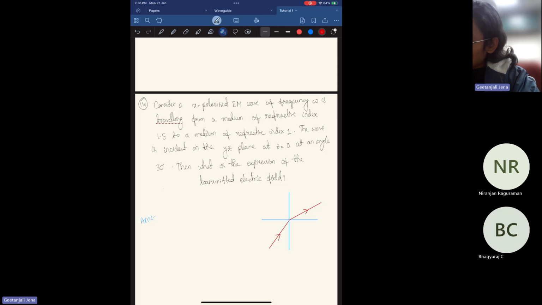One thing I want to emphasize is whenever you are seeing this kind of situation, please check whether there is a total internal reflection or not.